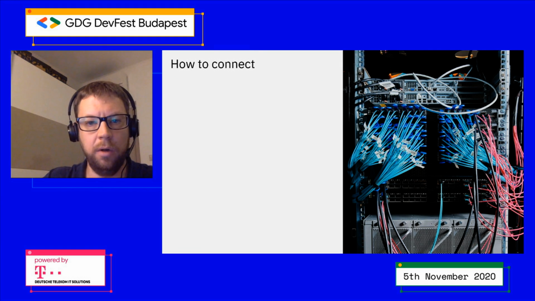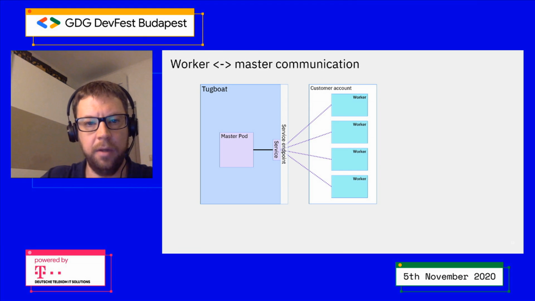Okay, now going a bit deeper, there are some tricks to have the proper worker-master communication. If you are familiar with the Kubernetes architecture, you know that there is a two-way communication between the workers and the masters. In the most common case, the node agent, which is the kubelet, communicates towards the API server to fetch and sync everything it has to deploy.